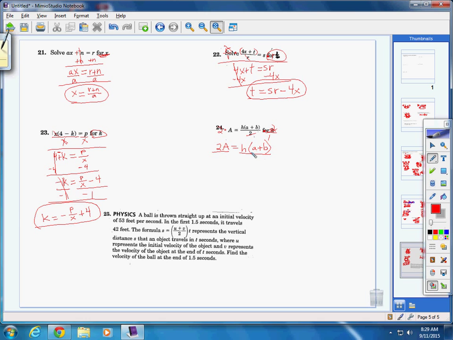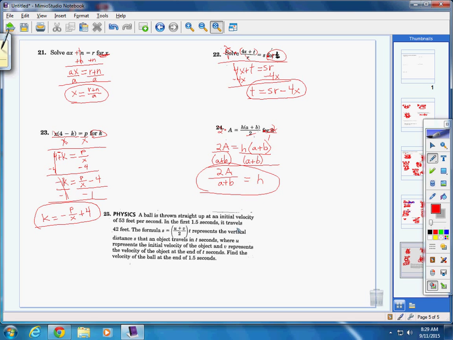That's this whole quantity. So let's divide by a plus b. You don't have to put parentheses, but you may. And we must do it on both sides. Divide by a plus b. So you're left with h equals 2a divided by little a plus little b.